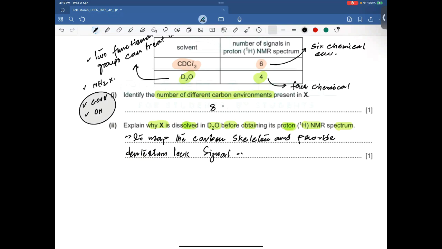Second point, functional groups undergo substitution with D2O.